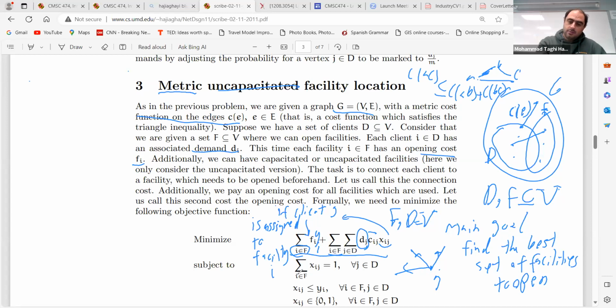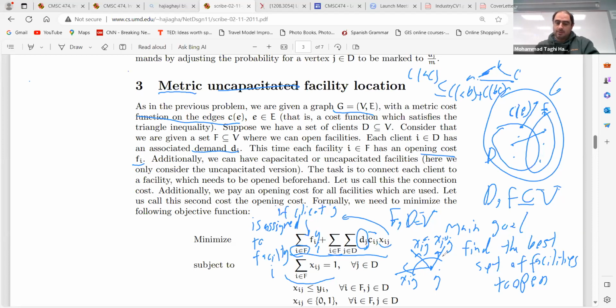So what is the objective? As I mentioned, this is x_ij for different i, for example x_i'j and x_i''j. We want that the demand of a client should be served at least once by some facility.